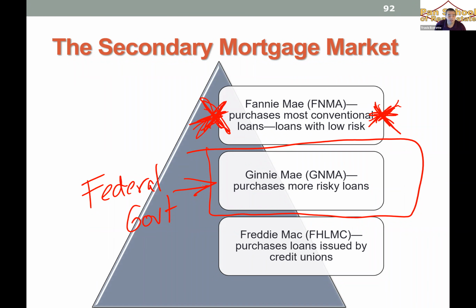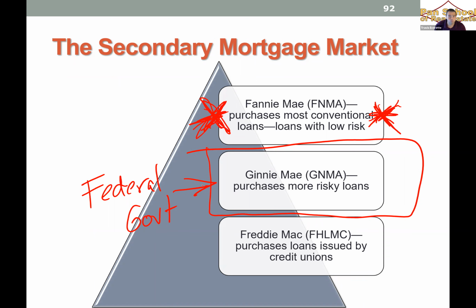Unlike Fannie Mae, Ginnie Mae was never created with the intention of making money. Ginnie Mae was created by Congress with the intention, now I want you to imagine this. Their mission: find the borrowers that nobody else will touch, and we'll buy those loans. Those are the loans we will buy.